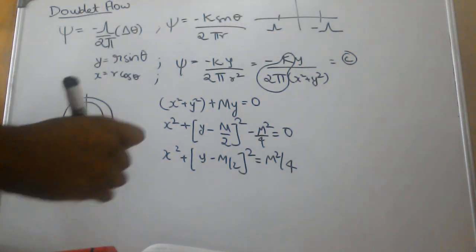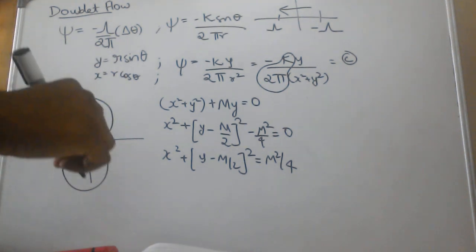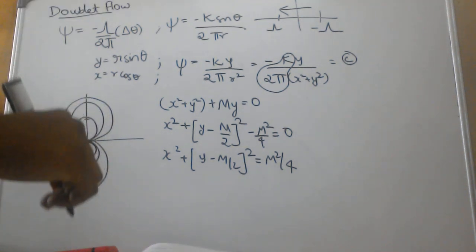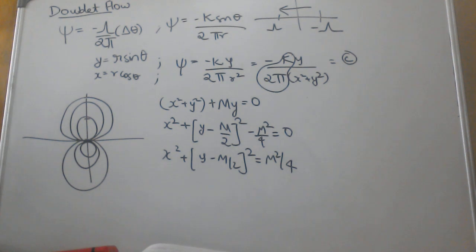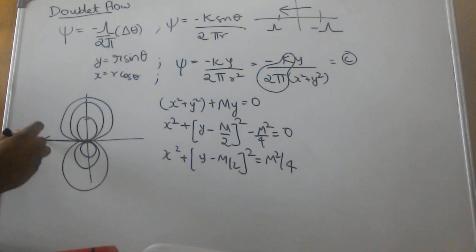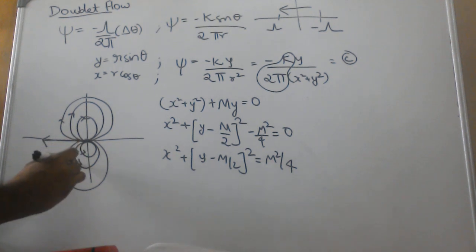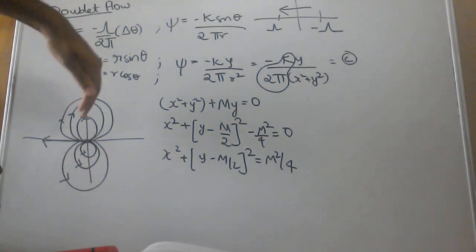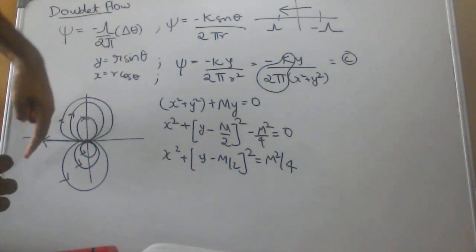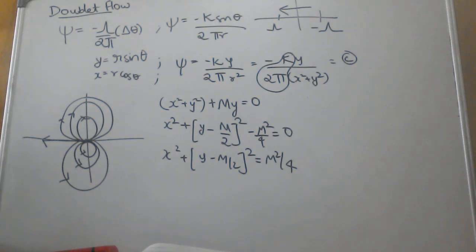So on the streamlines, if I had to put arrows, I would have a left facing arrow right at that point, and the rest of it would look like this, as though the streamlines were emanating from the source, going around and collapsing back into the sink. So this is how the sign convention for the doublet flow is.